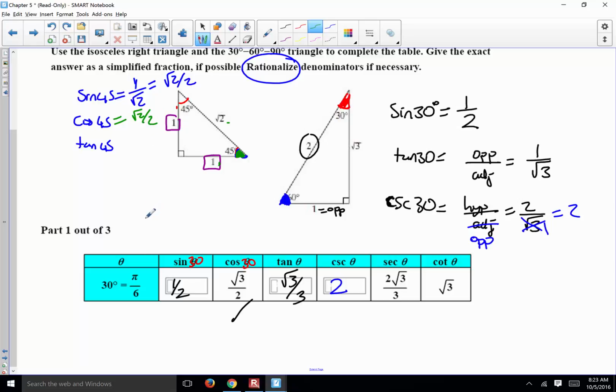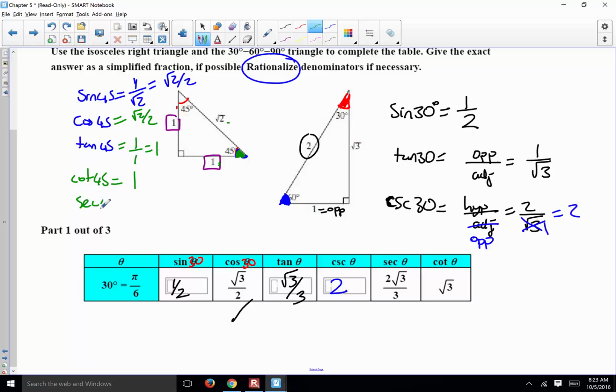Interesting. Tangent is, what is tangent? 1 over 1. 1. Cotangent is 1, because adjacent and opposite are equal to each other. They will still make 1 over 1.